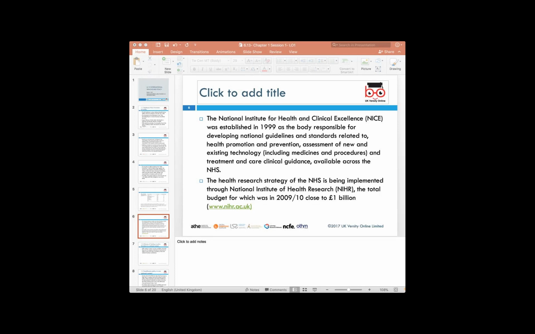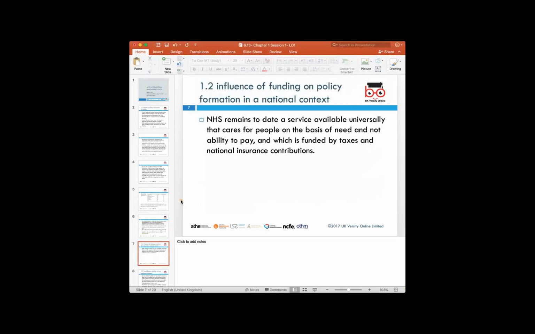So this particular body works very closely with the NHS, and they are responsible primarily for looking after issues or areas which can become problems in the short and the long term. Their aim is to look at raising concerns and understanding appropriate models to address those issues.